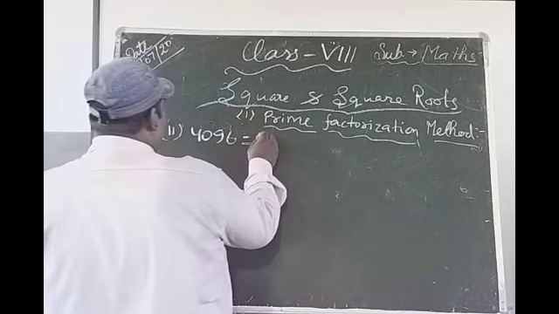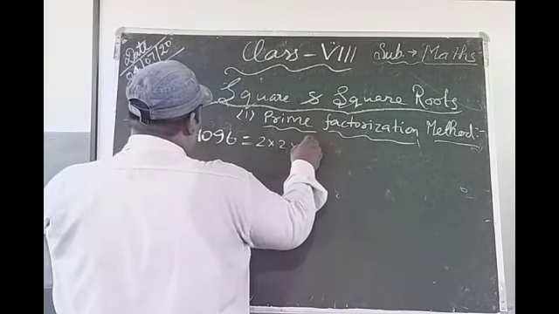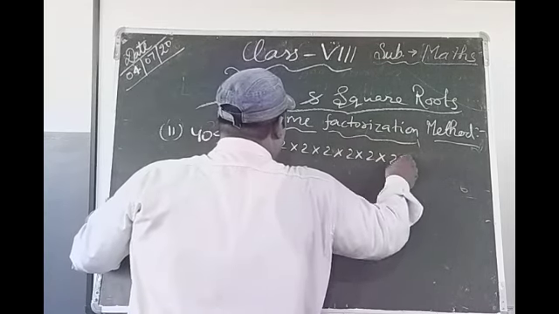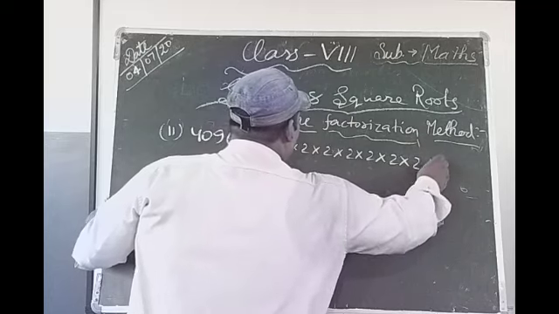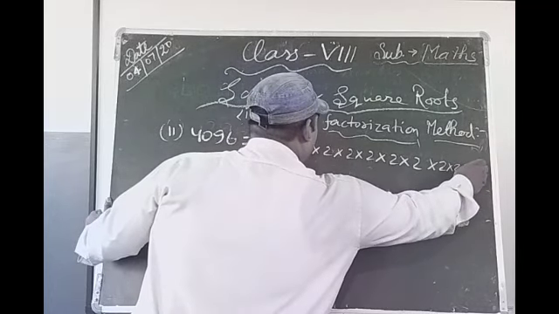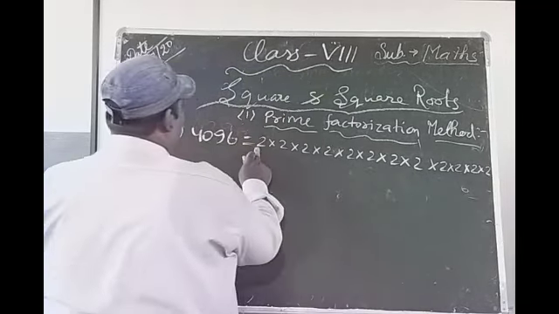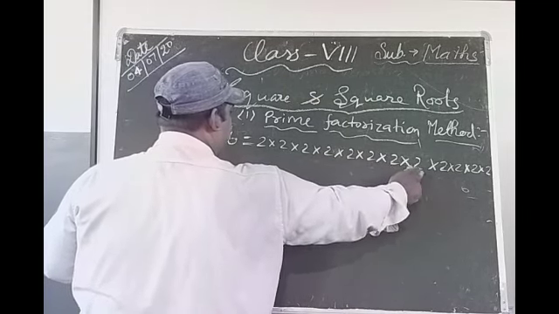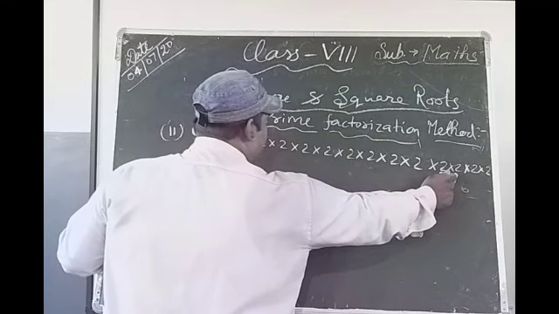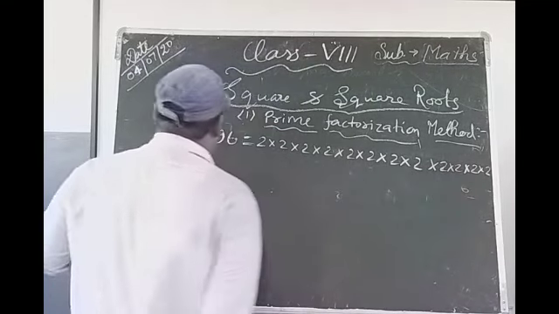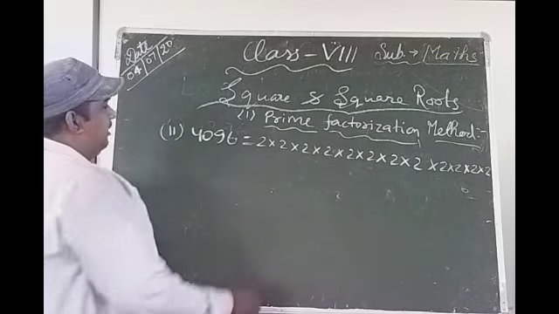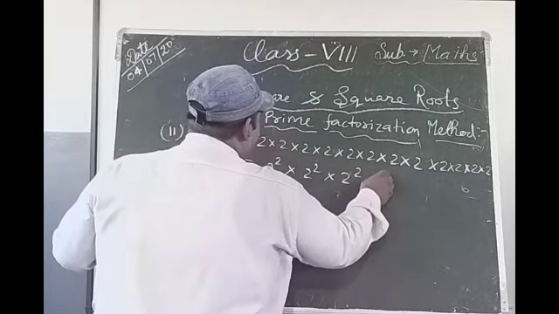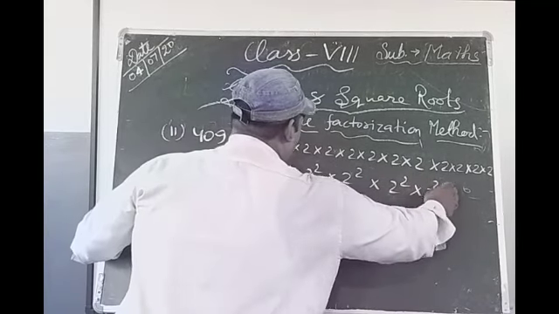What will you get? 2 into 2 into 2 into 2 into 2 into 2 into 2 into 2, and so on. 4096 means we have got how many pairs of 2? We have got 6 pairs of 2.